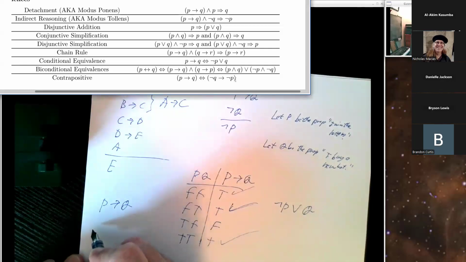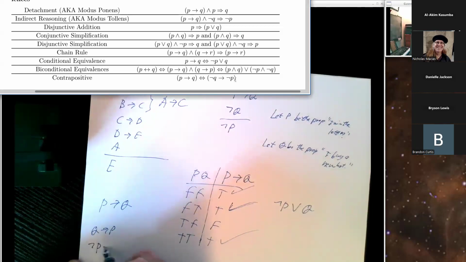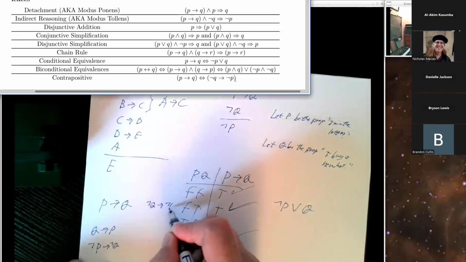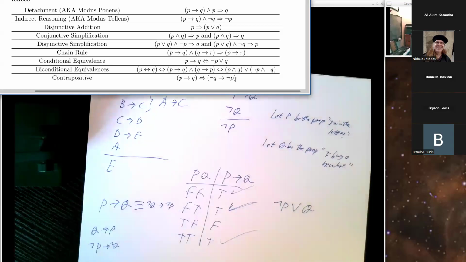We said there was the converse, Q implies P, and that's different. There's the inverse, not P implies not Q, and that's different. But there's also the contrapositive, and that's logically equivalent, not Q implies not P. So that's where that one comes from.